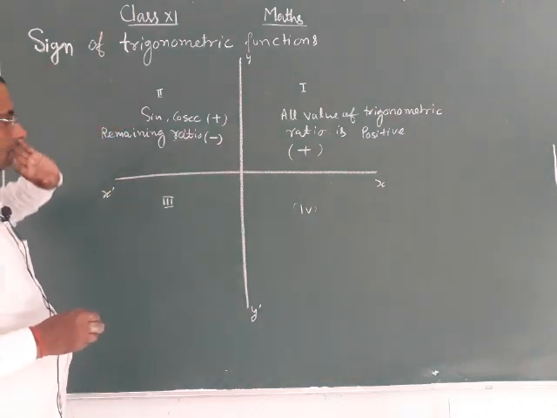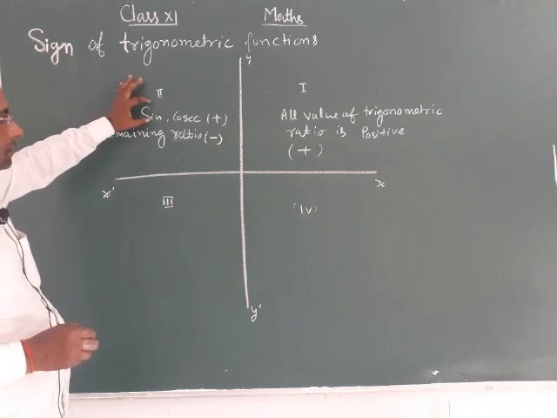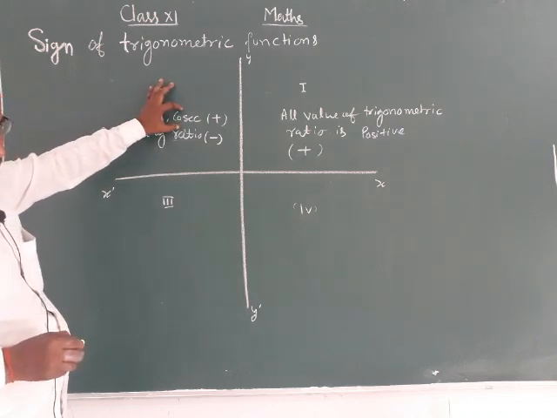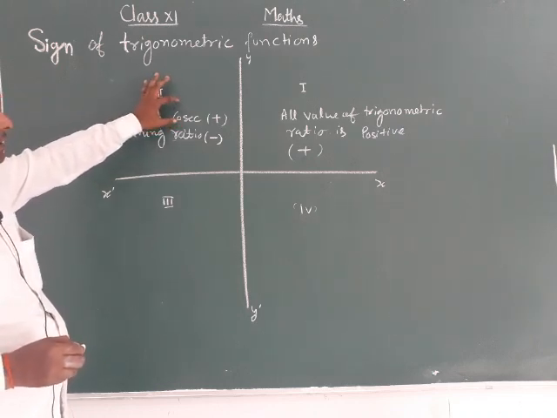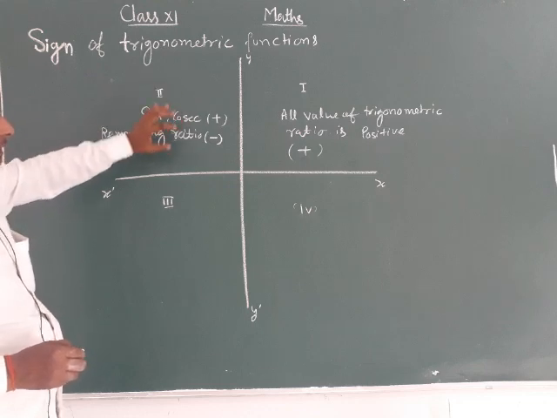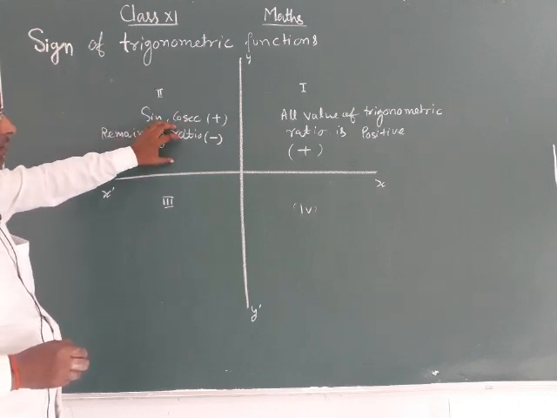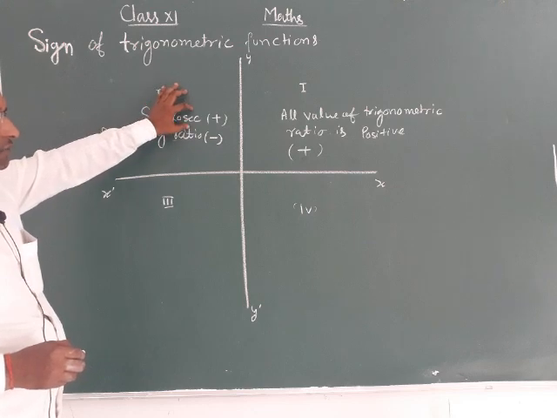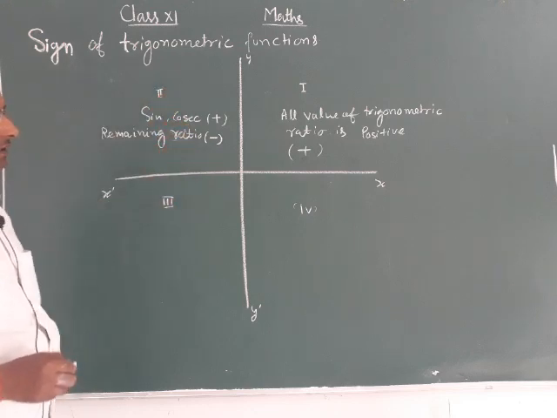Second quadrant: sine, cosec values are positive, and the remaining ratios except sine and cosec will be negative.